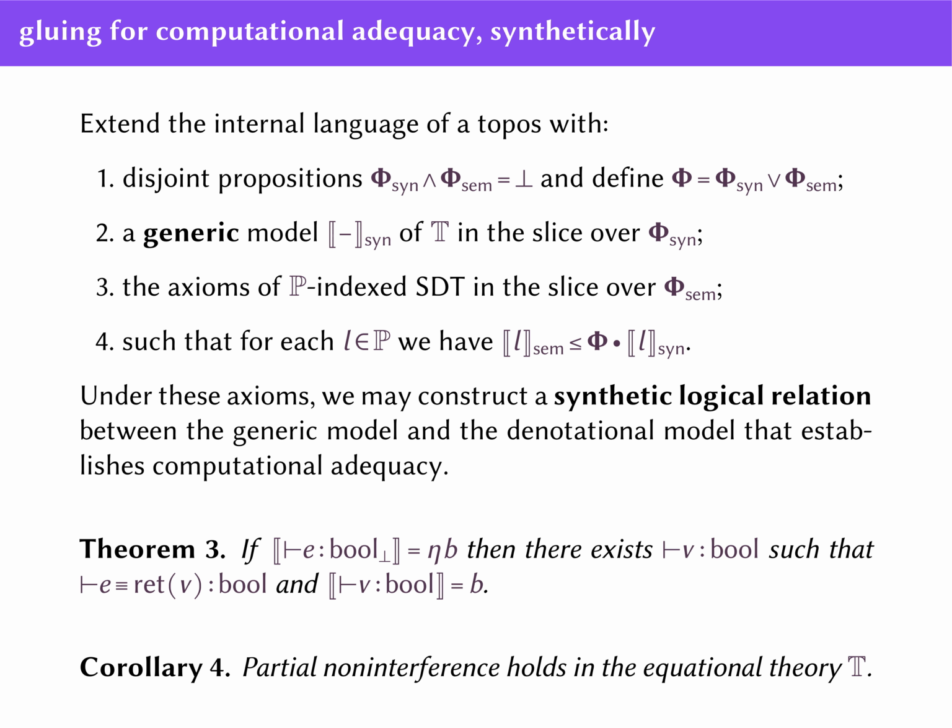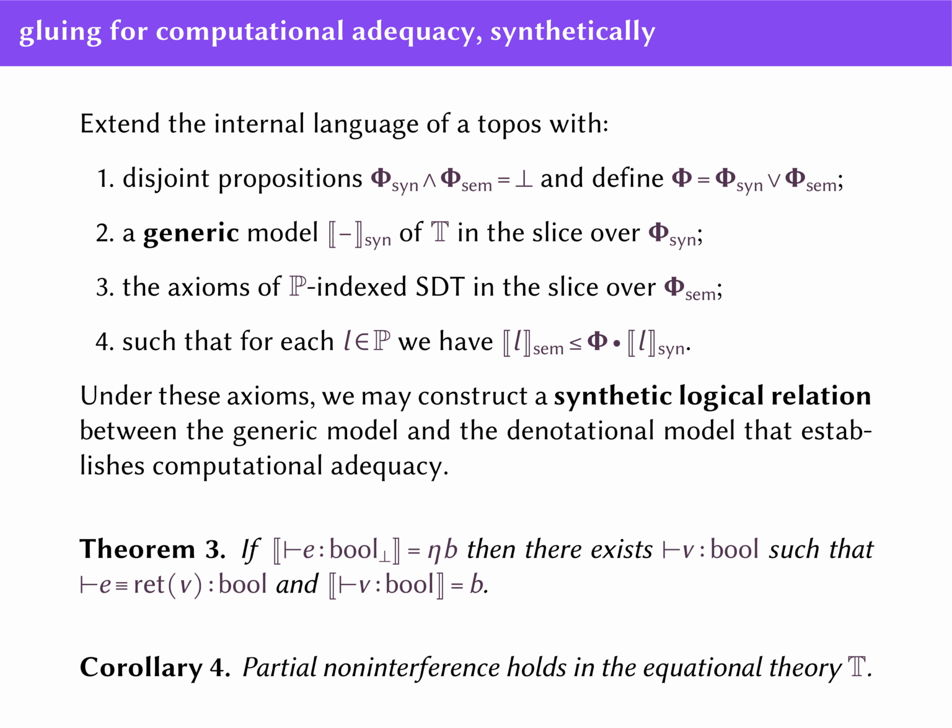Then we axiomatize the data of a generic or arbitrary model of the programming language within the syntactic subtopos. Then, we add the axioms of our security-sensitive synthetic domain theory to the semantic subtopos, along with an extra axiom that establishes the correct relationship between the semantic and the syntactic security clearances.